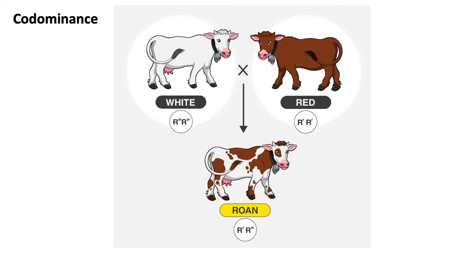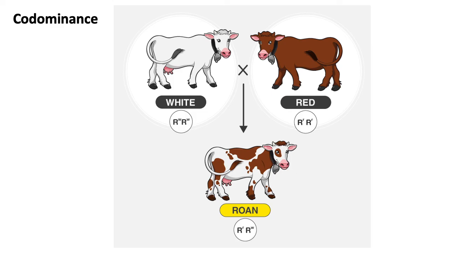Roan means that it makes both white hairs and red hairs. The cow isn't pink, so it's not incomplete dominance. The cow makes both red hairs and white hairs, so the phenotypes of both the red and white alleles are showing up.